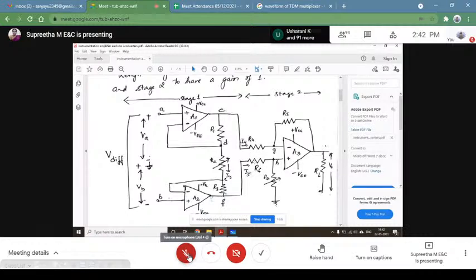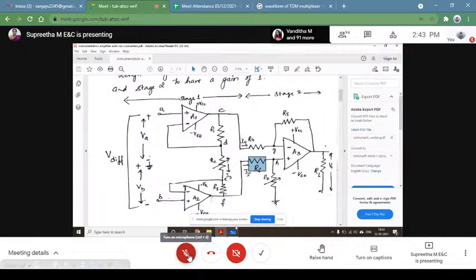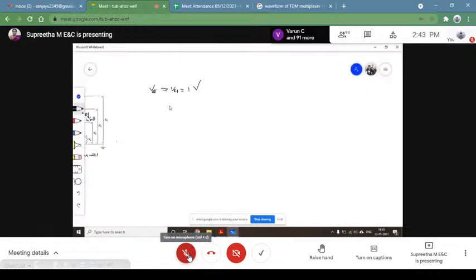So VR6 is 1 volt. So giving VR6 and VR7 to be 1 volt, at least the minimum current I2 minimum should flow.